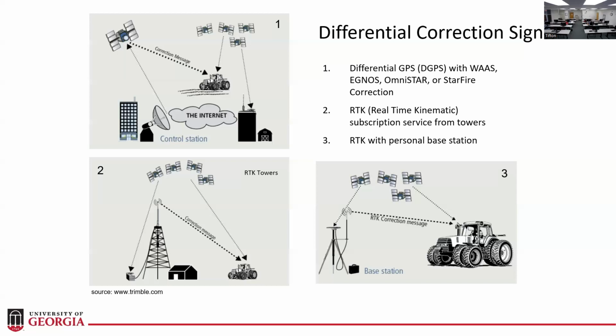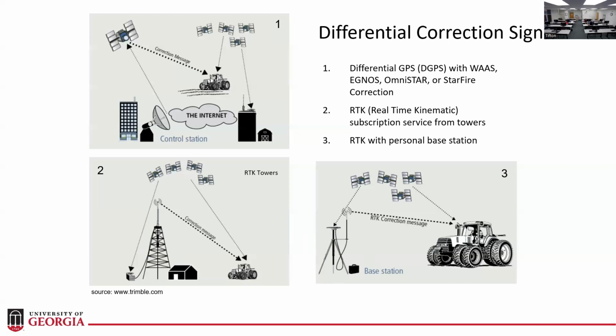But we also have a second type of RTK, which is a similar concept. The only difference is that you can buy your own base station for RTK. So instead of relying on base stations that are already set up around the country, let's say you want very, very accurate data, you can go and buy your own base station, carry it and put it right next to your field and use that to send corrections to your receiver.